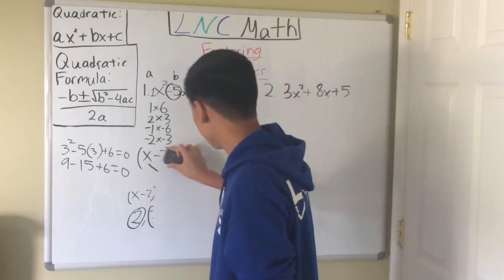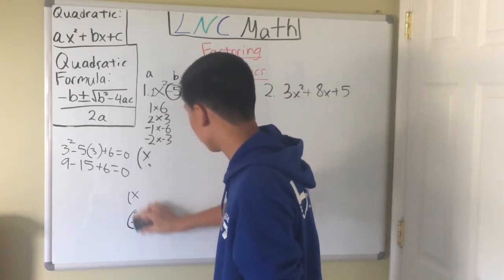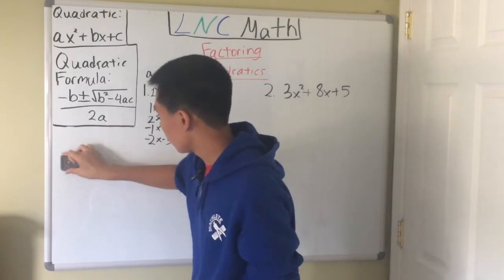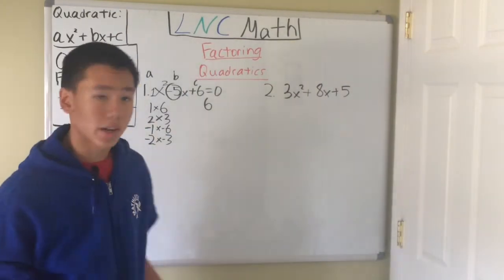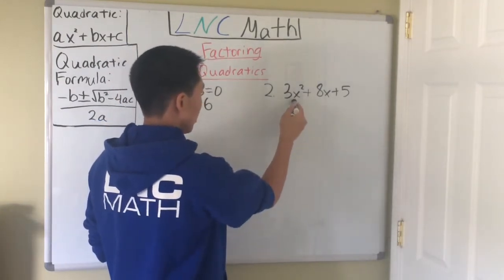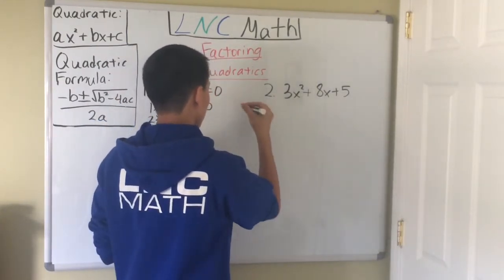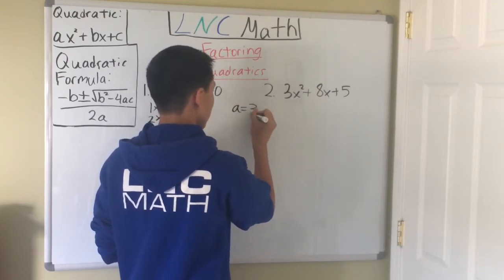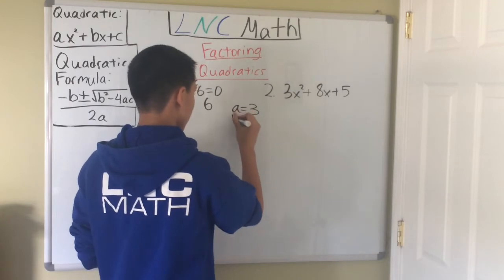So that's a little more complicated, but not that complicated. Okay. First, again, we always identify our variables. So what is a? In front of the x squared, we have a 3, so we can immediately deduce that a equals 3. B is 8.